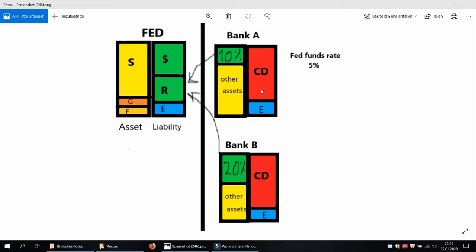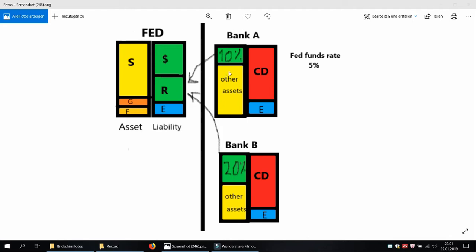If we look at the right side, we can see the balance sheet of the banks, and here again on the left side are the assets, and on the right side are the liabilities. The banks are holding their reserves here, the green part, either in their own vault or with the Federal Reserve.